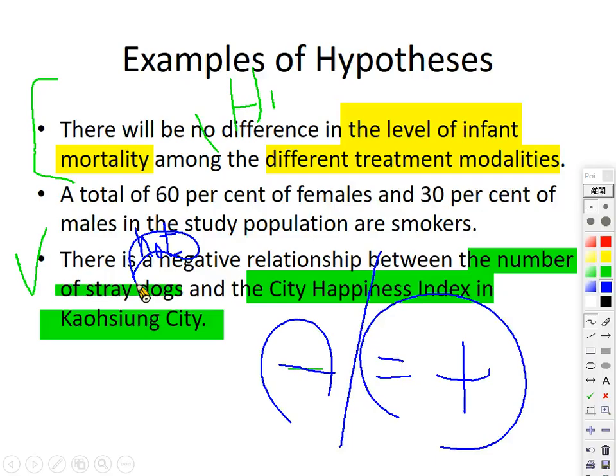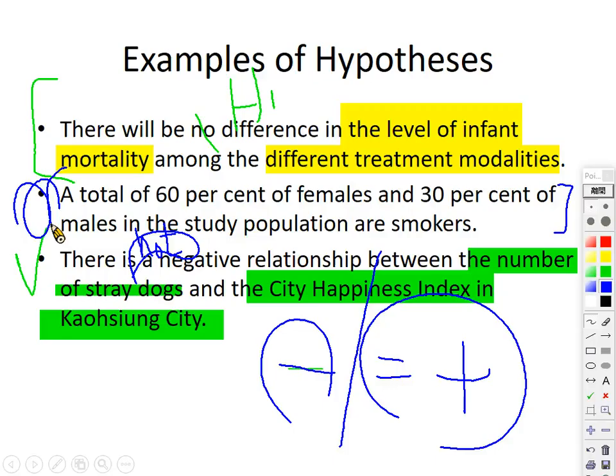Okay? And this one, I will not give you the answer for today, because this will be your home assignment for you to have some fun. Try to find out the alternate hypothesis for this one. A total of 60% of females and 30% of males in the study populations are smokers.